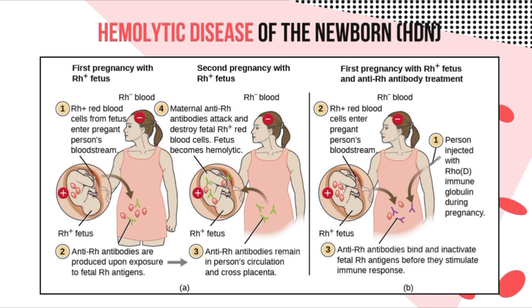Because if it's activated, then it can lead to the accumulation of anti-RH antibodies in the mother's bloodstream, and once the mother gets pregnant again with an RH positive baby, then those anti-RH antibodies that are already present in her bloodstream would attack the baby.